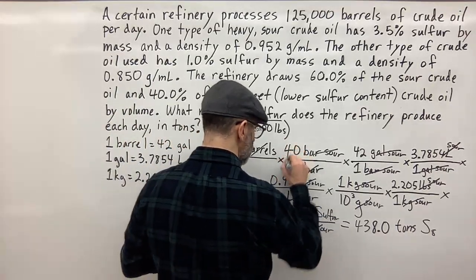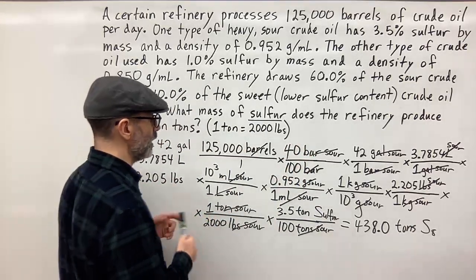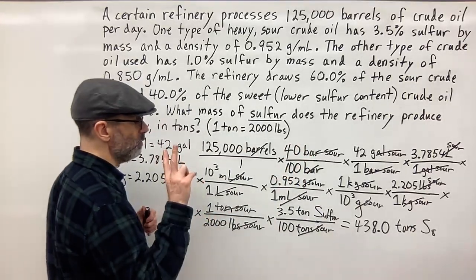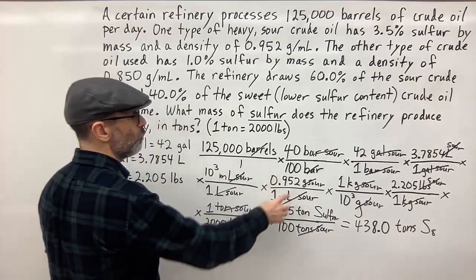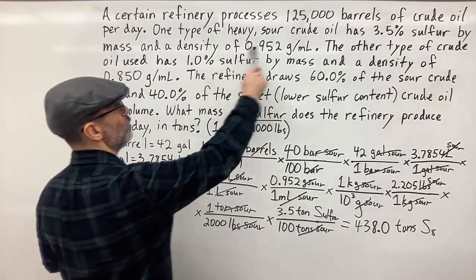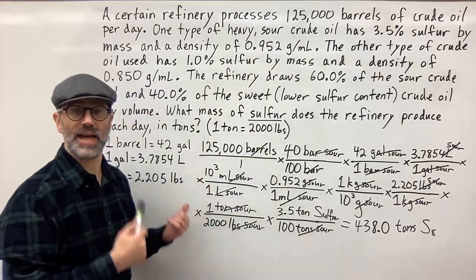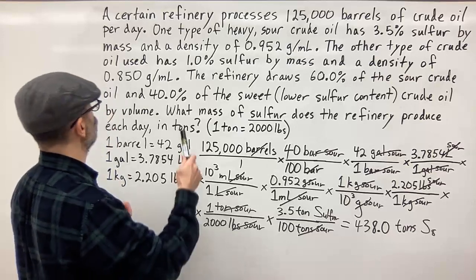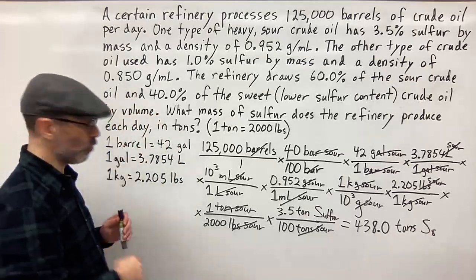So we'll change that now to 40. The other difference is going to be the density. We used the density 0.952 grams per milliliter for the sour. We're going to have to use the 0.850 density for the sweet.